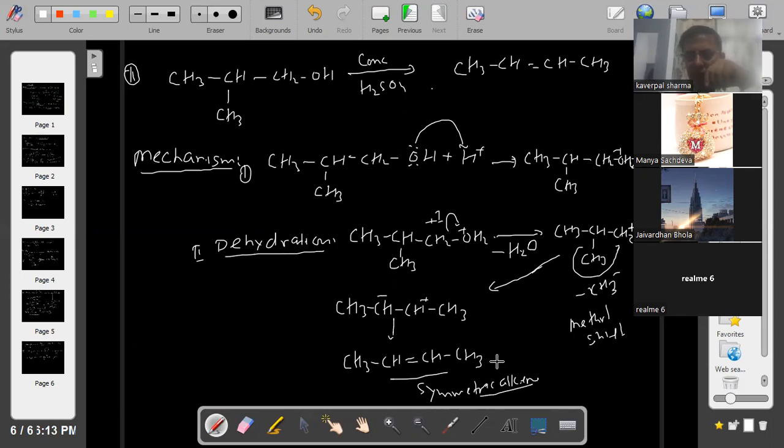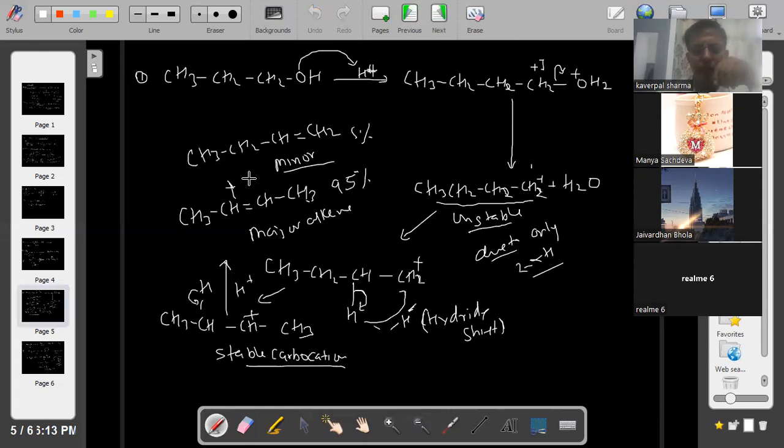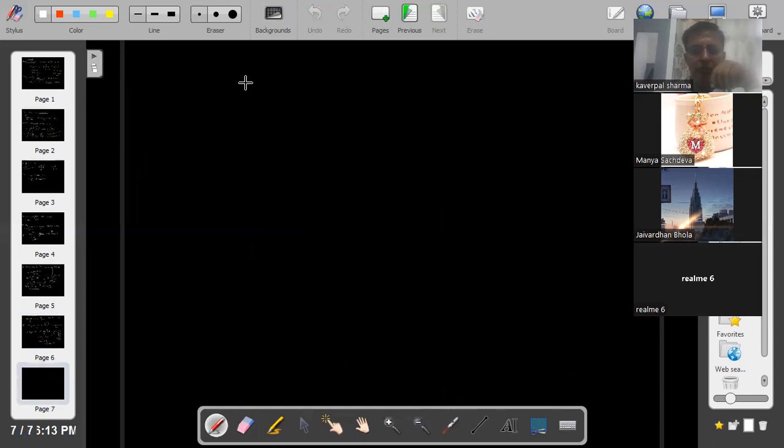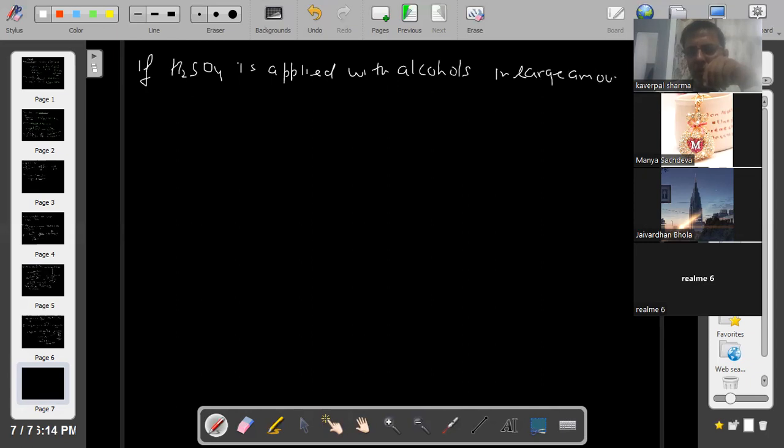There are two different kinds of mixing, symmetric and unsymmetric. If H2SO4 is applied with alcohols, in large amount, and H2SO4 in small amount, it gives ethers.